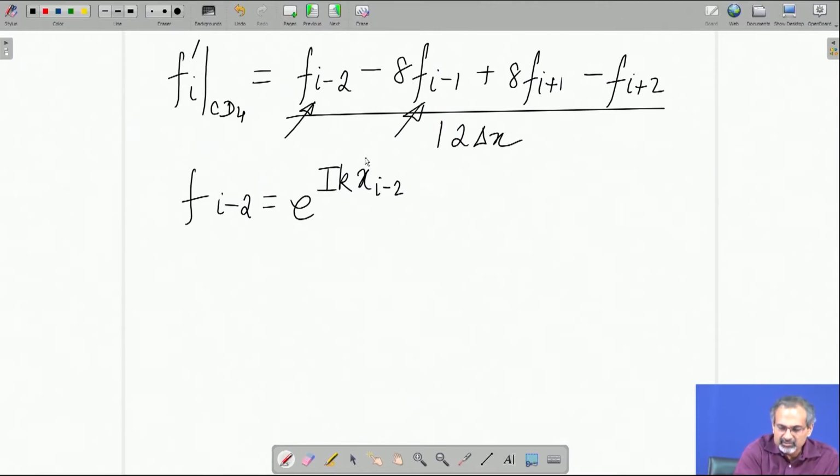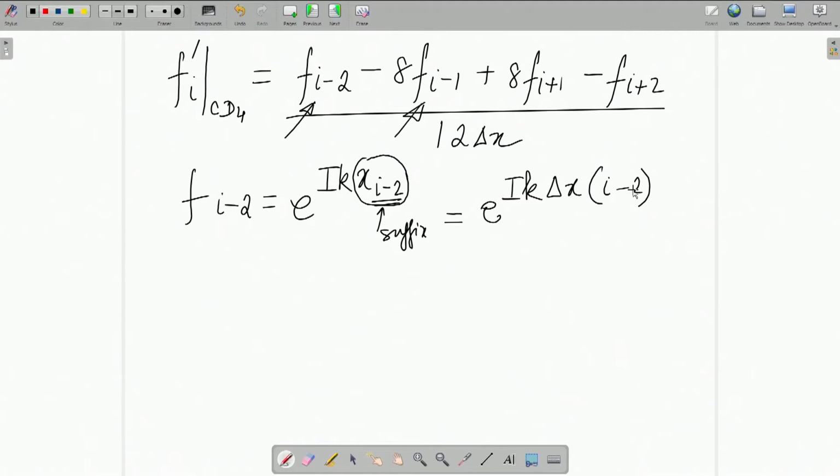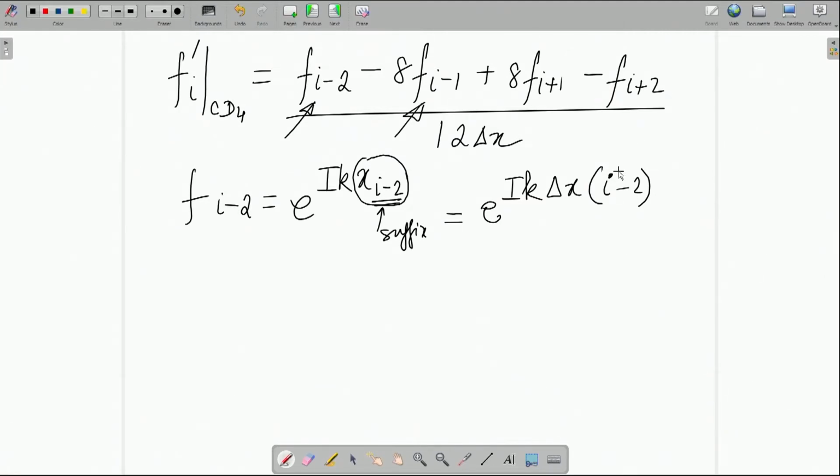We just recall this nomenclature which we discussed earlier, that here the I minus 2 is in the suffix, and you need to convert it to a length in terms of the grid spacing, and for that what you do essentially is multiply the grid spacing by the grid index corresponding to that point.